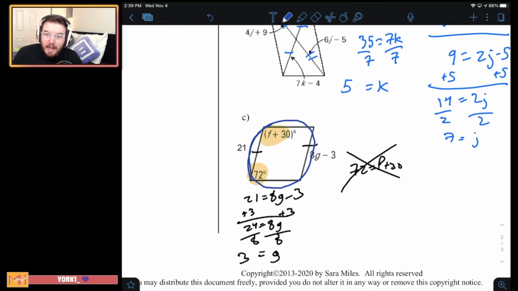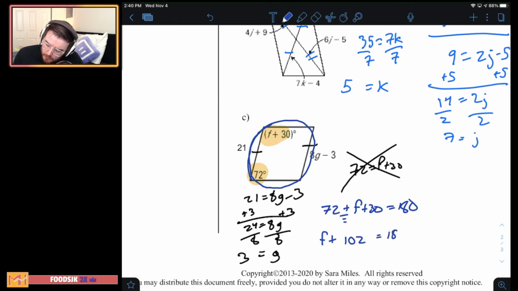It comes right after it. That's what consecutive means, one right after the other. And what is true about consecutive angles? They are supplementary, meaning that when you add the two angles, they will equal 180. Subtract that 102, you end up with 78.